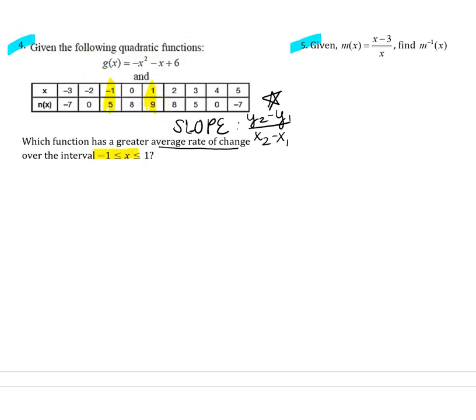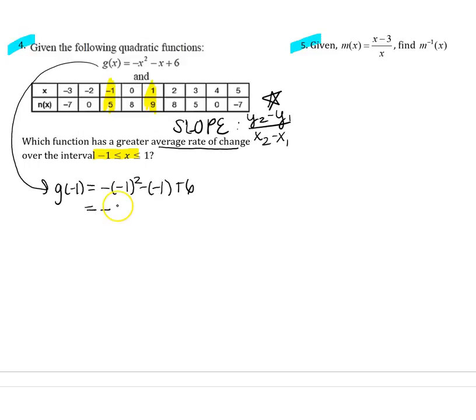For g of x, I'll have to actually evaluate it. So g of negative 1, if I plug it in, is negative 1 squared minus negative 1 plus 6.